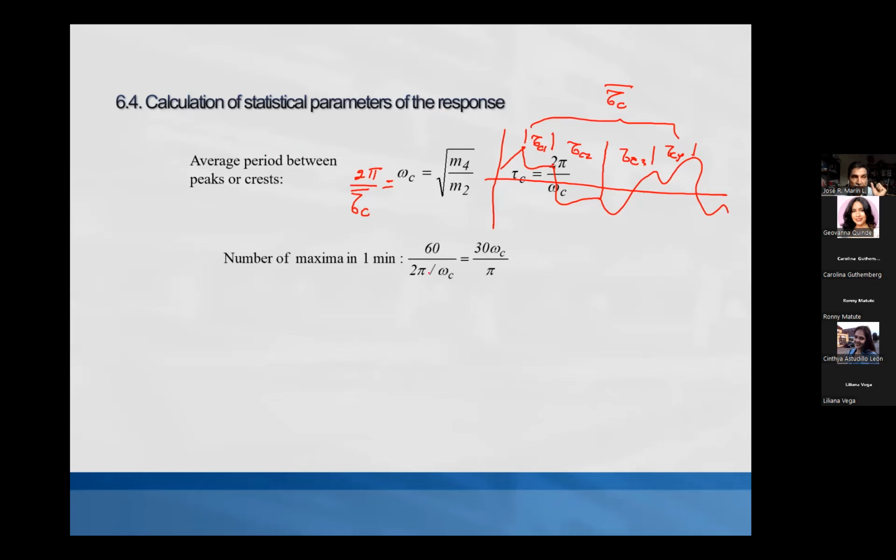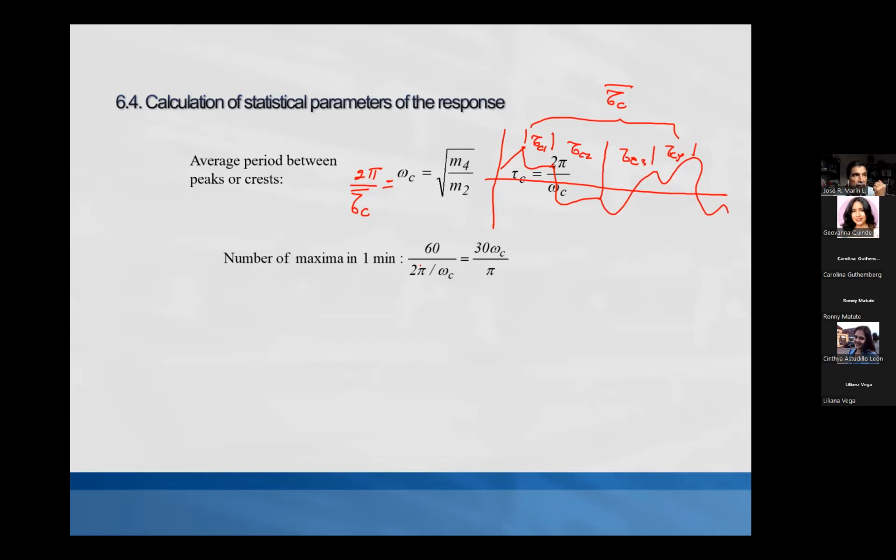So that's this number of seconds after which you have a new crest, right? So if you divide the 60 seconds that you have in 1 minute by this period, which are seconds per cycle for a crest, this quotient, 30 omega c over pi, corresponds to the number of maxima that you're going to have in 1 minute.